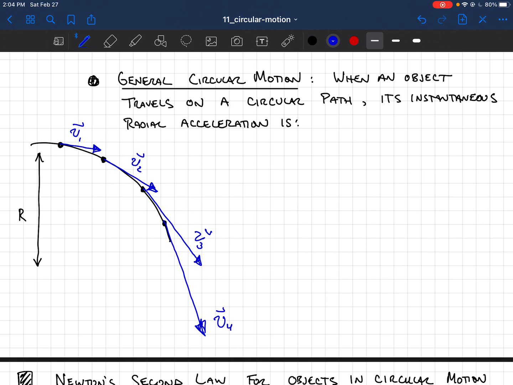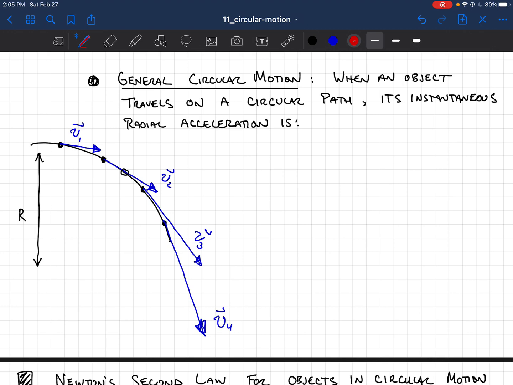So we have an object that travels on a circular path. I started that as a circle, but now it's speeding up along that path. So you could ask, what is its acceleration at some moment along that path, maybe right here where I drew the v2 vector? Well, we can expect that it will be traveling with an acceleration that points somehow inward.